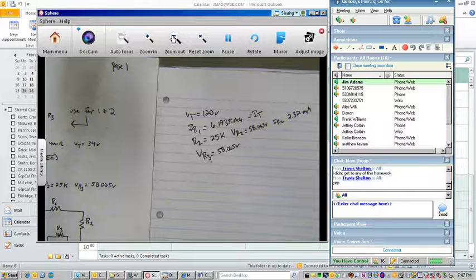So we can figure out the current through R2, which would be 58.065 volts divided by 25K. So I got a current through R2 at 2.32 milliamps. Yep, 2.32 milliamps. Okay?